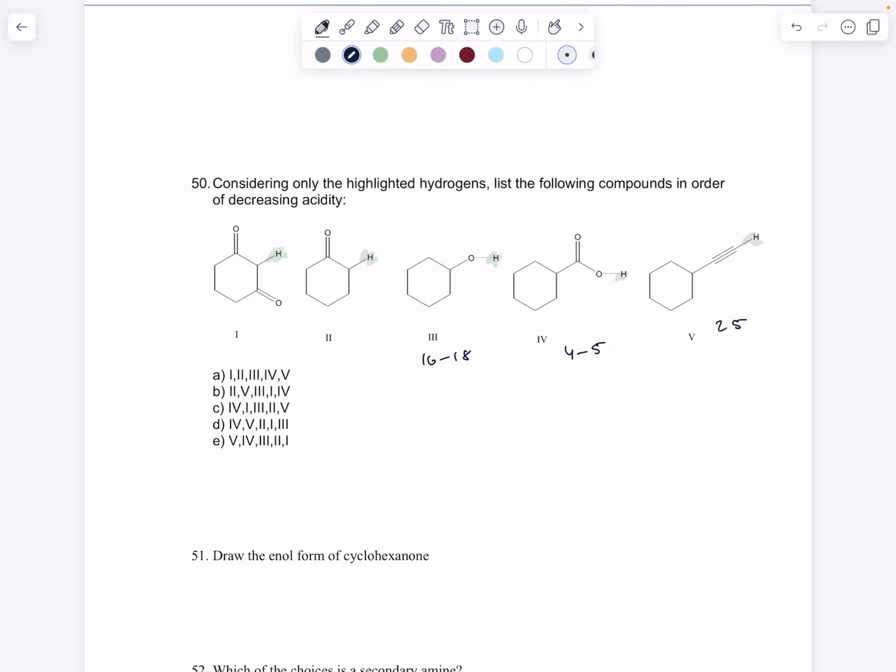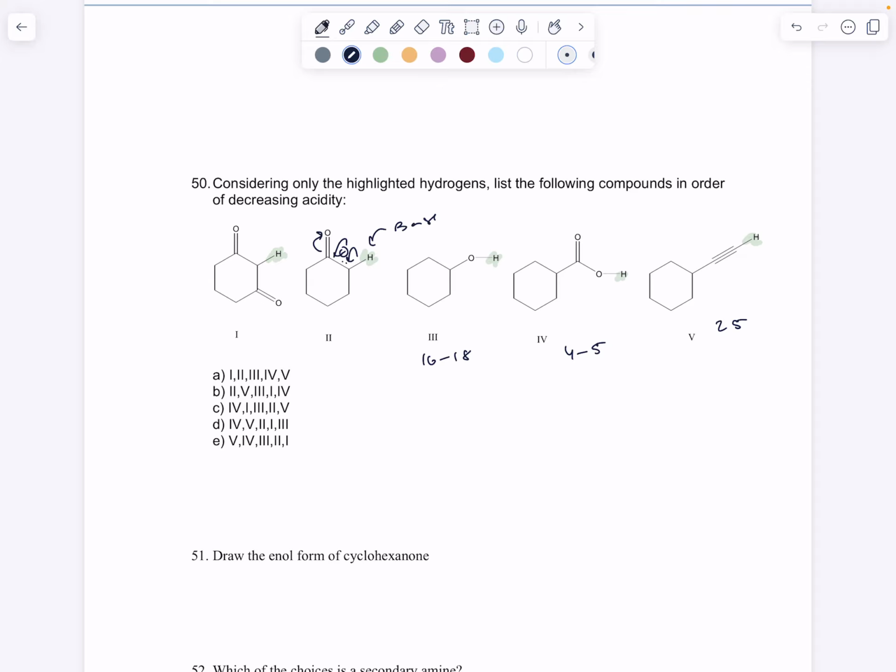I want to use the one that's like from your thing, but I don't have it with me. So if the base came and took this hydrogen, the lone pair that would be left behind right here would be able to then go here and kick up, which would make that more stable.